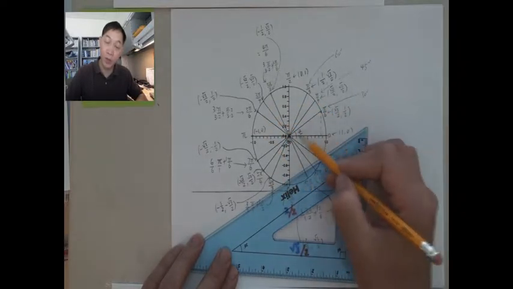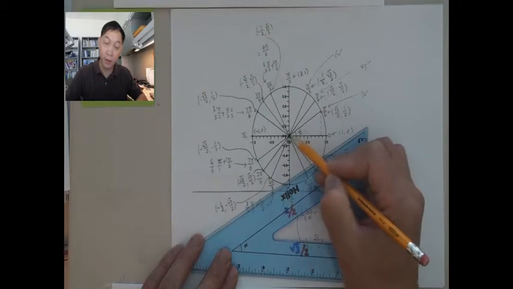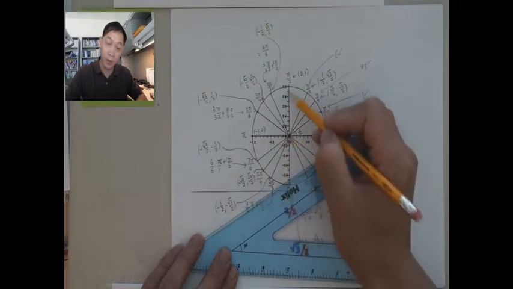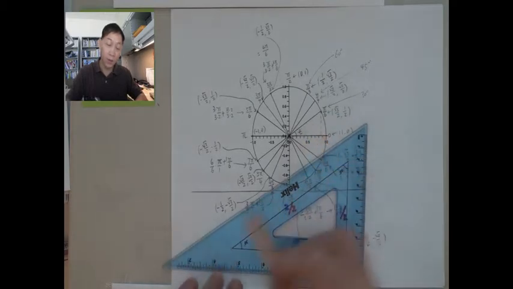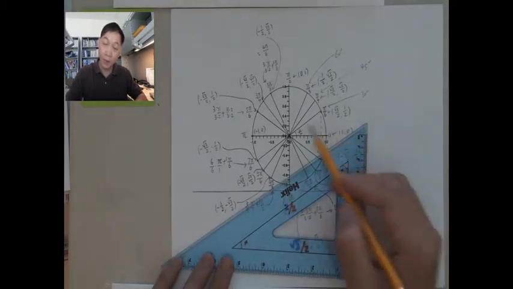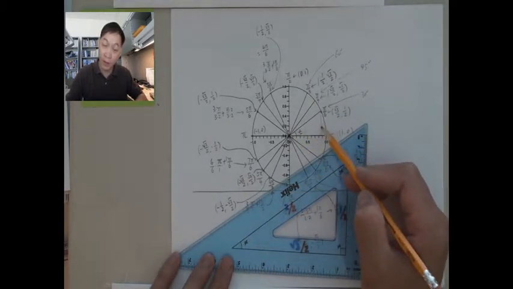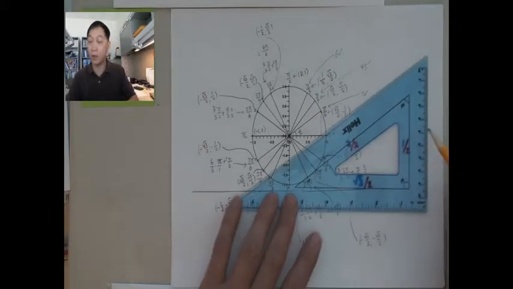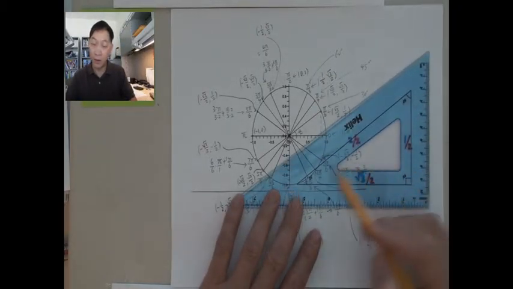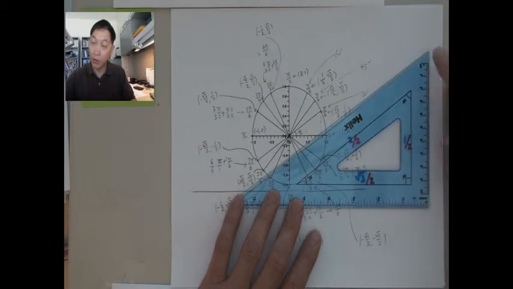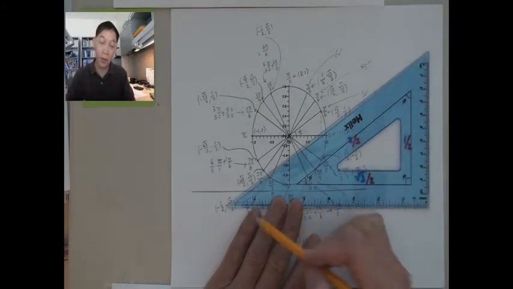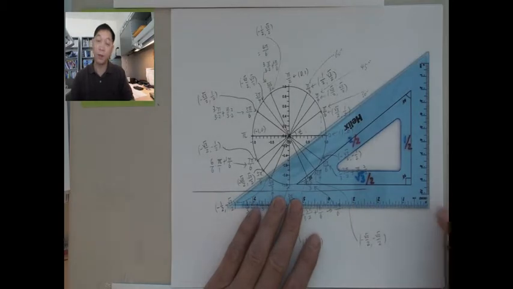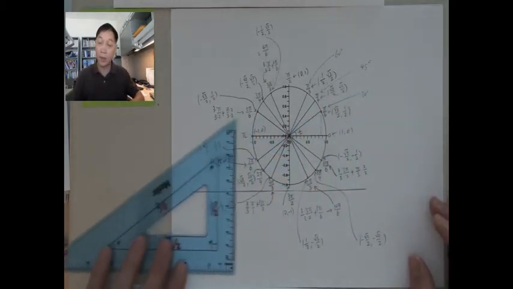The radius is 1, everywhere is 1. So if this side is 1, this side has to be 1/2. That's the reason. This side is half of this one, because this is 30 degrees. So it's not hard at all.